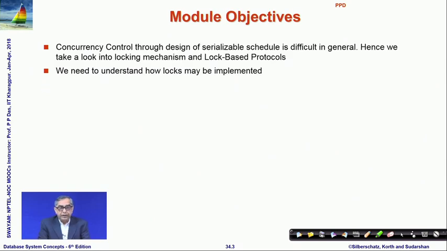Now, here we will talk more on the different aspects of concurrency control, because it is good that if two schedules are given, we may try to prove if they are conflict serializable, if they are view serializable, and then we can use them.